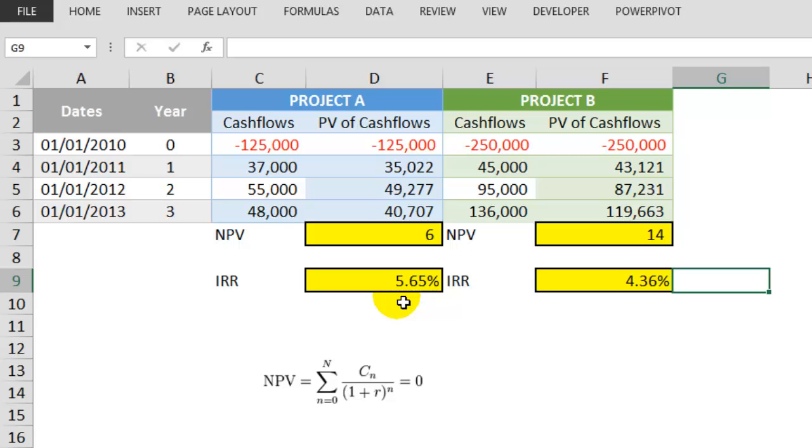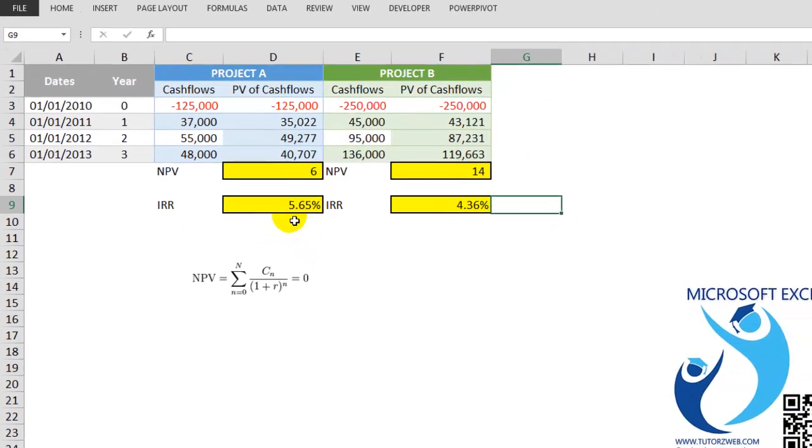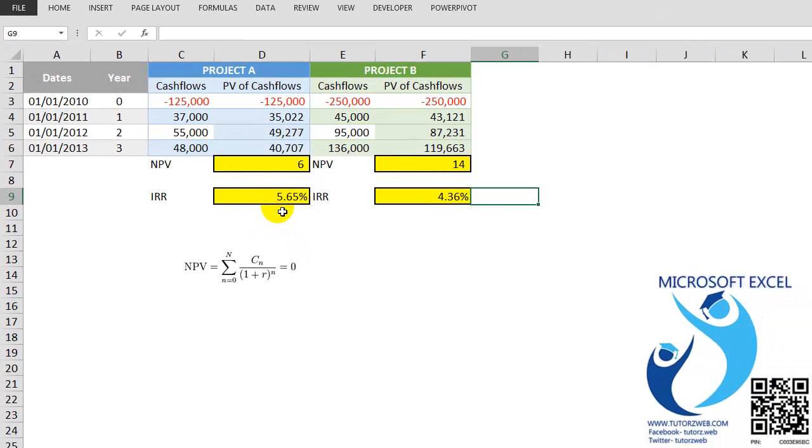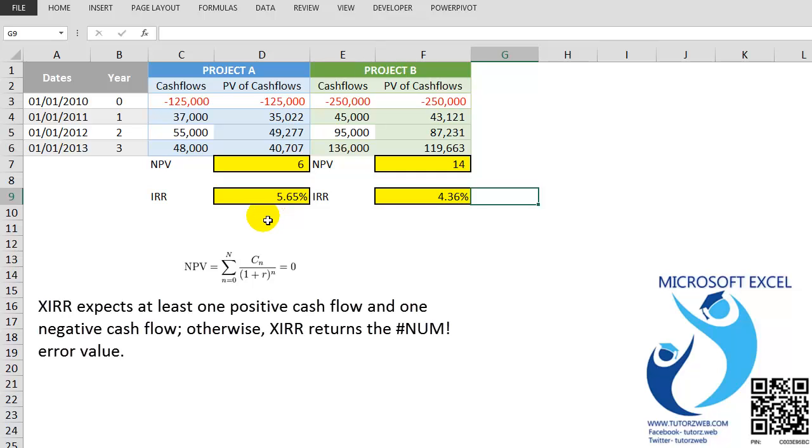While using XIRR, you have to keep note of the following 3 points. XIRR expects at least one positive cash flow and one negative cash flow. Otherwise it will return the #NUM error.